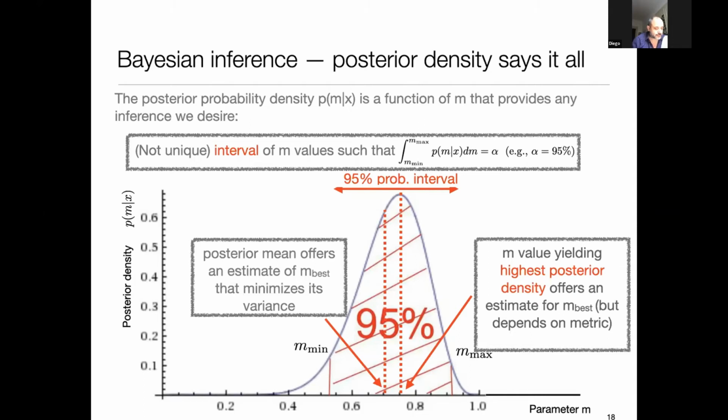You can say that your M value is contained in a 95% probability interval, for instance from 0.55 to 0.92 or something. Once you have the posterior density, you have everything you may possibly want, and you will be able to give a very informative inference.